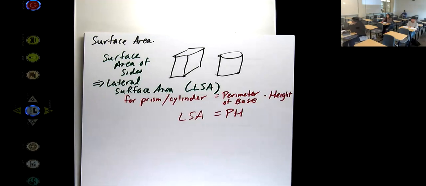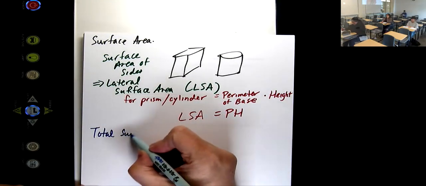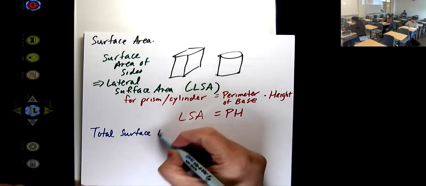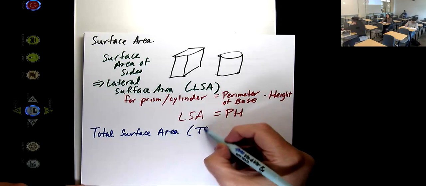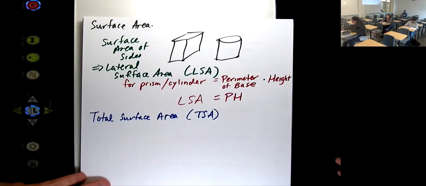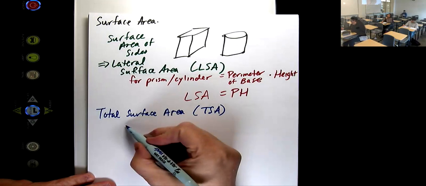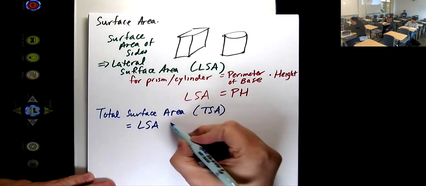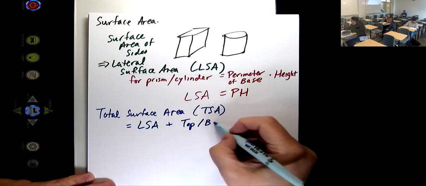Then the total surface area, the book decided to call it TSA, like that doesn't have another meaning, the airport thing. The total surface area is the lateral surface area plus the top and bottom areas.